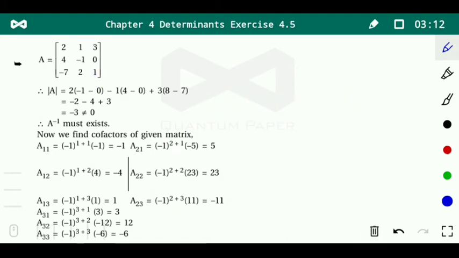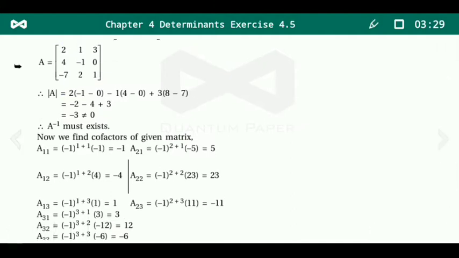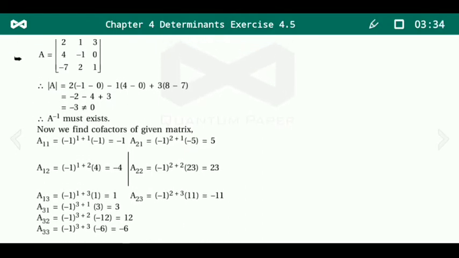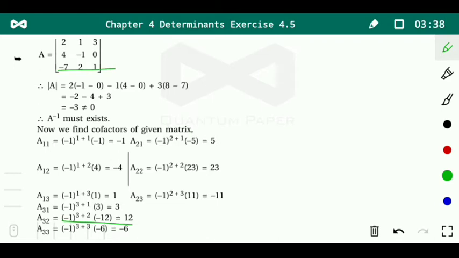Next we have to find the value of A31. For A31 we remove the third row and first column. So minus 1 raised to 4, and 1 zeros are 0 plus 3, so it will be 3. Next A32. We remove the third row and second column.